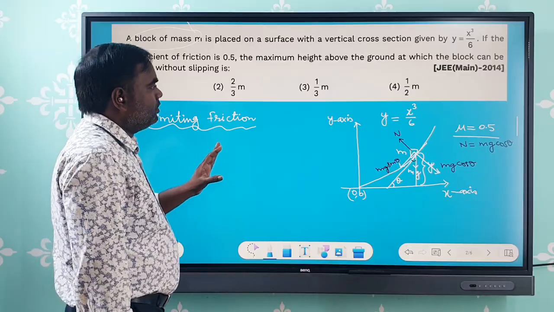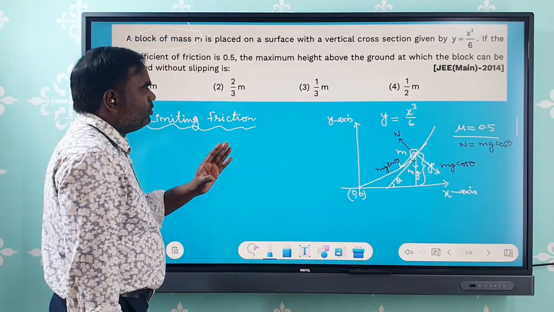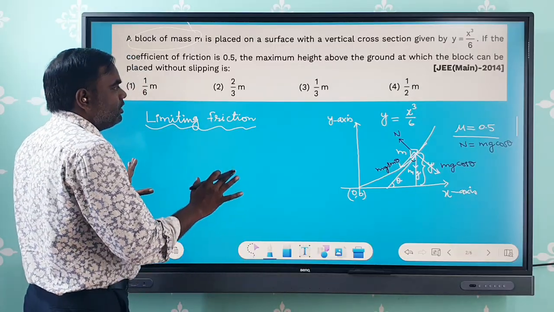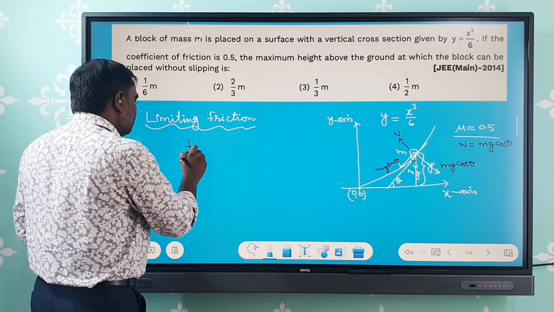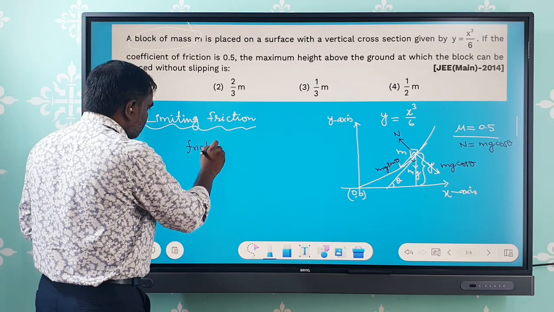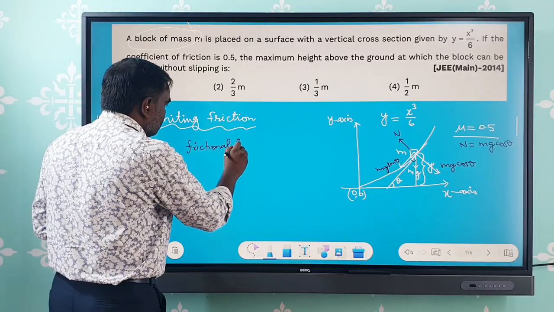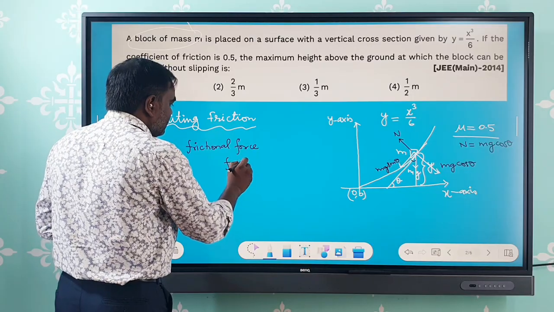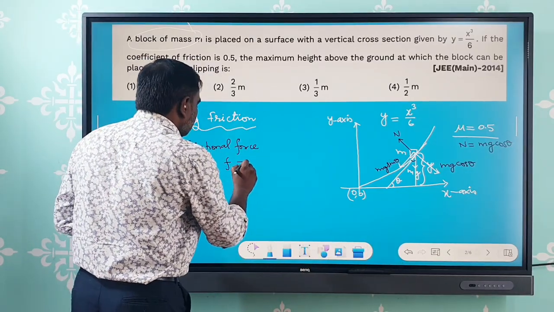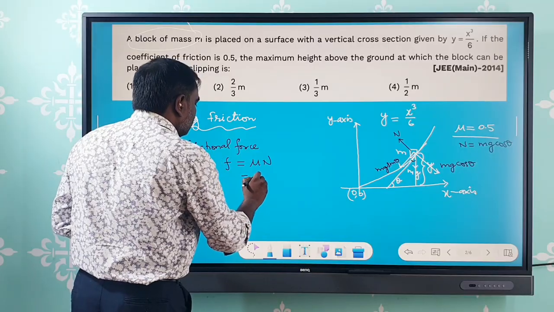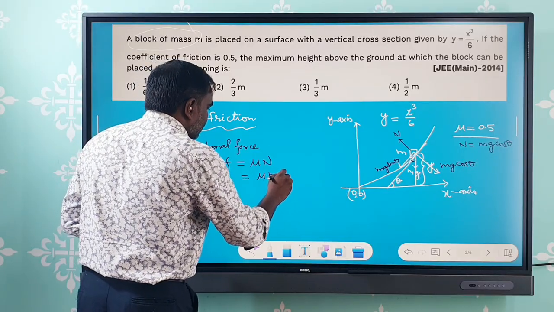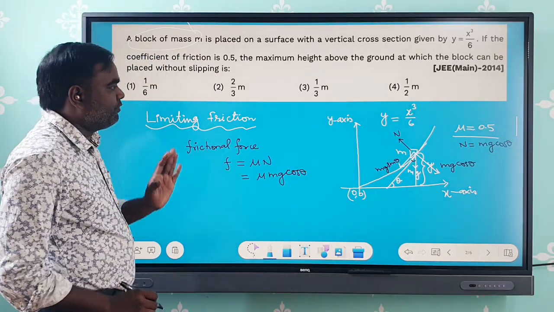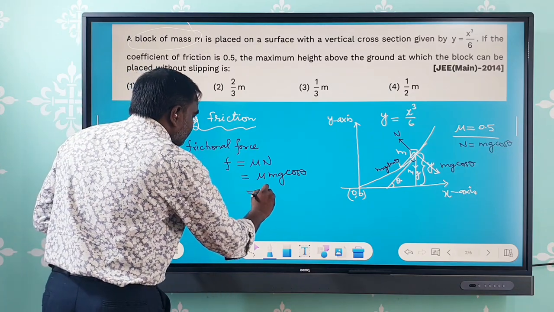So we want to discuss here the limiting friction case, our frictional force F is equal to mu N, and this F is equal to mu mg cos theta, and mu is given 0.5, right?